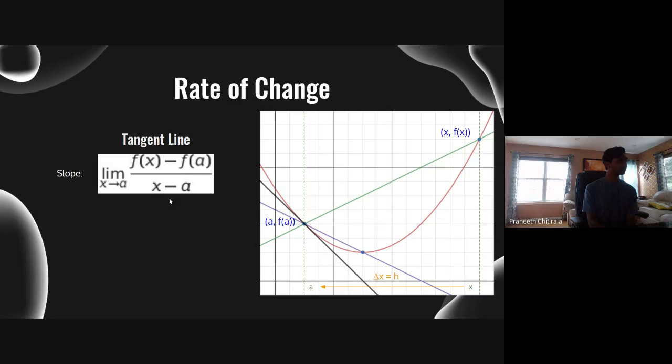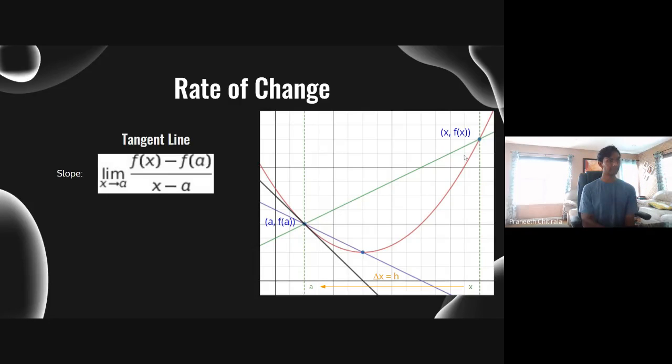So we know that the slope of this tangent line is the limit as x approaches a of the slope of the secant line itself, because as this point gets very close to the point we're going to, it's still a secant line until you reach the point itself. So until x reaches a, you still have a secant line.